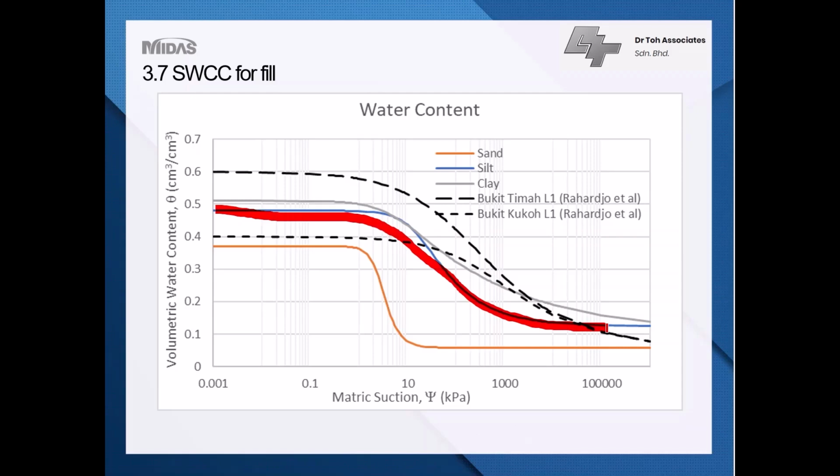This SWCC curve basically tells you how able the soil is to retain water. We also checked the SWCC of our model against the results reported by some researchers from NTU, and the curves are comparable.